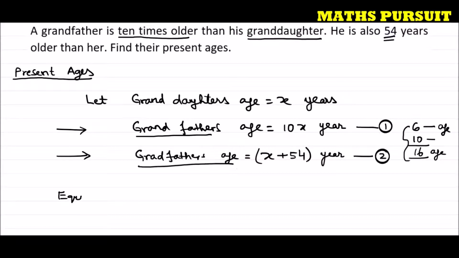The question has given us the age of the same grandfather in two ways. So for that reason I can write equation 1 is equal to equation 2.